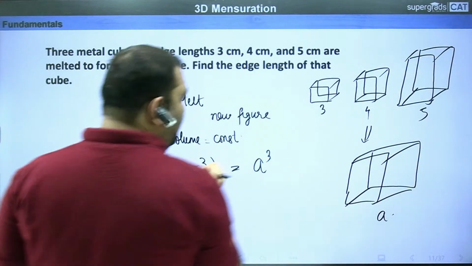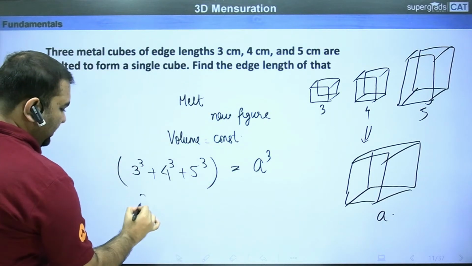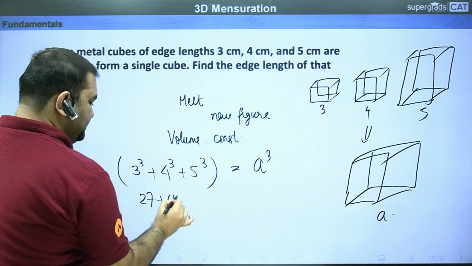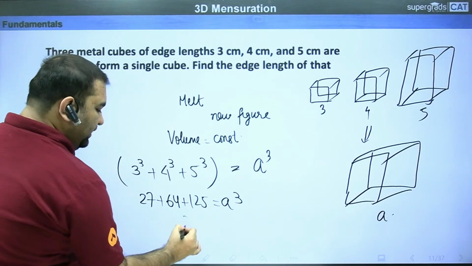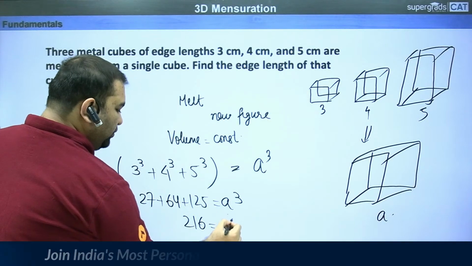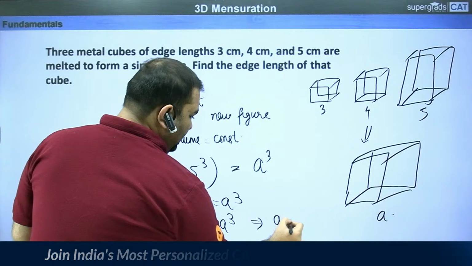So 3 cube plus 4 cube plus 5 cube should be equal to A cube. 27 plus 64 plus 125 is A cube. When you add it, it will become 216 is equal to A cube, which is 6 cube, which implies A is equal to 6.